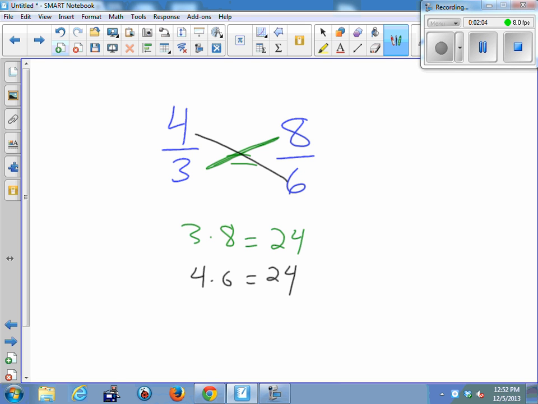If those two are the same, then we can say that they are similar ratios. So 4/3 is the same as 8 over 6 because when we do the cross multiplication, I don't like that word, but we'll talk about that, 4 times 6 is the same as 3 times 8.